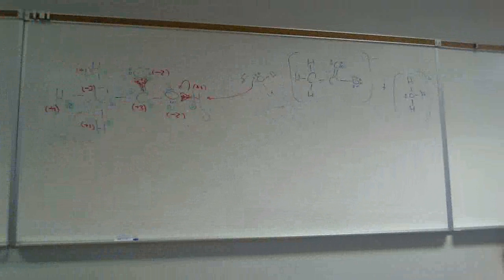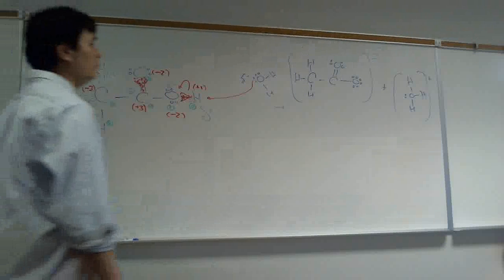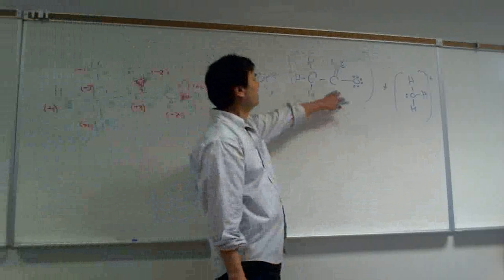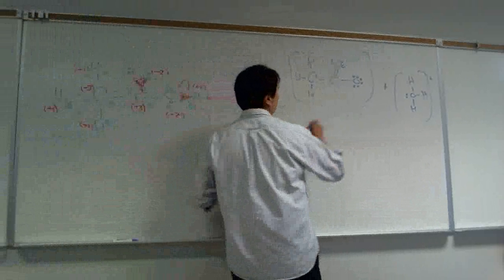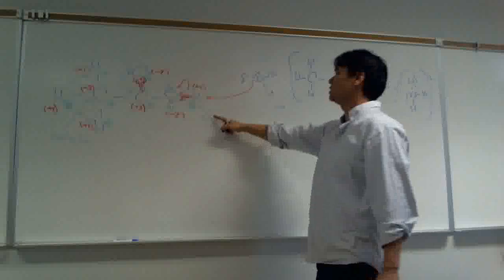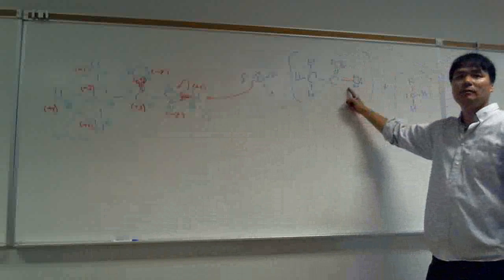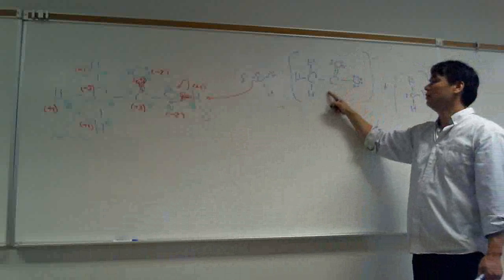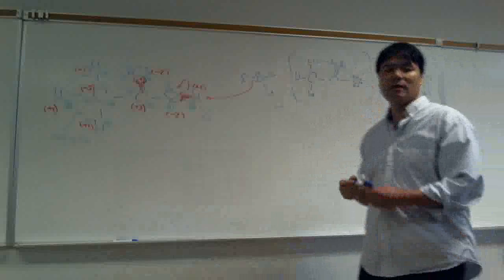All right, now let's take a look at acetate. When you look at acetate, what's changed? Well, what's changed is the formal charge has changed. Pretty much all the oxidation states are the same. The only change in formal charge is now this oxygen is -1.